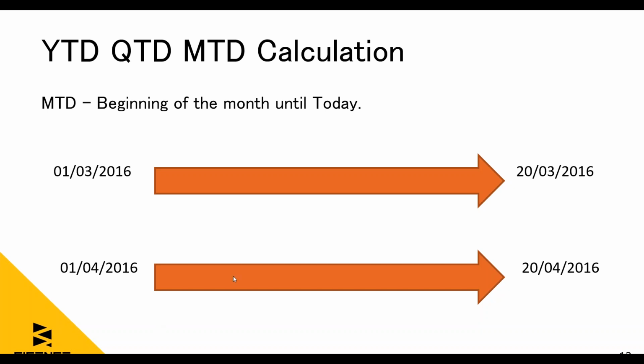As you can see, here I have the 1st of April until the 20th, and the previous month, according to the MTD flag, is from March 1st until March 20th. Now I'm going to show you how I did it.